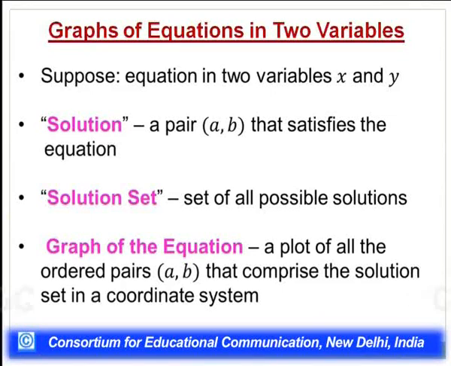So this ordered pair a comma b that satisfies the equation is known as the solution of the equation, and the set of all possible solutions is known as the solution set of our equation.